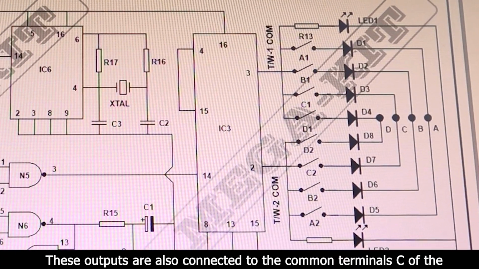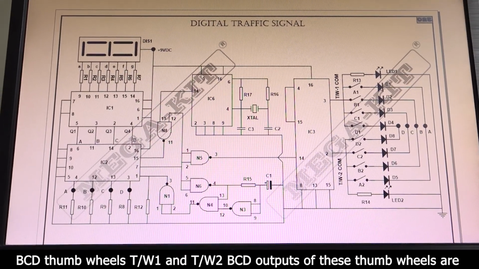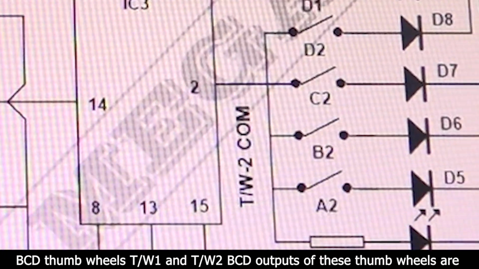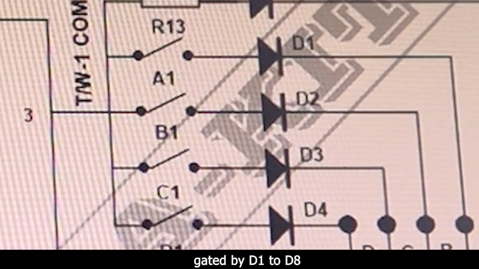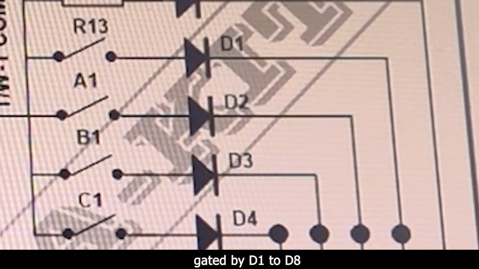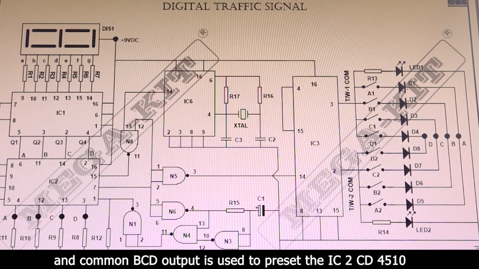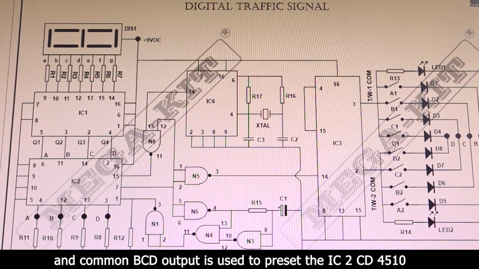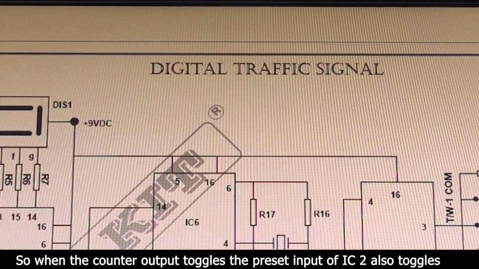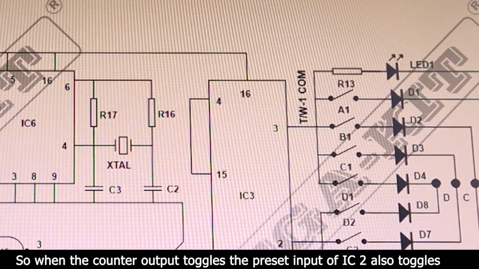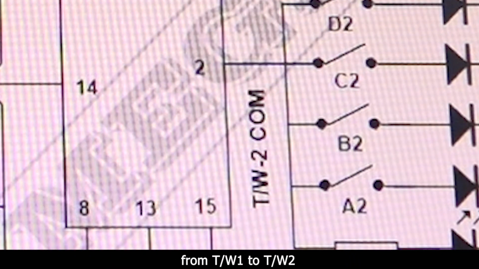These outputs are also connected to the common terminal C of the BCD thumb wheel 1 and thumb wheel 2. BCD outputs of these thumb wheels are gated by D1 to D8, and the common BCD output is used to preset the IC2 CD4510. So when the counter output toggles, the preset input of IC2 also toggles from thumb wheel 1 to thumb wheel 2.